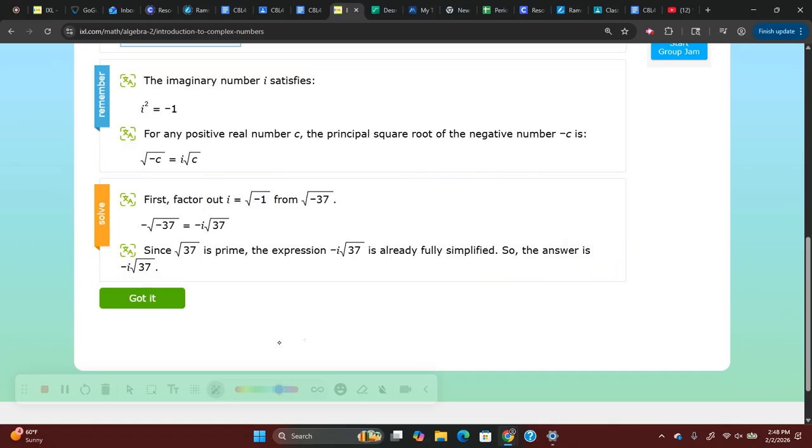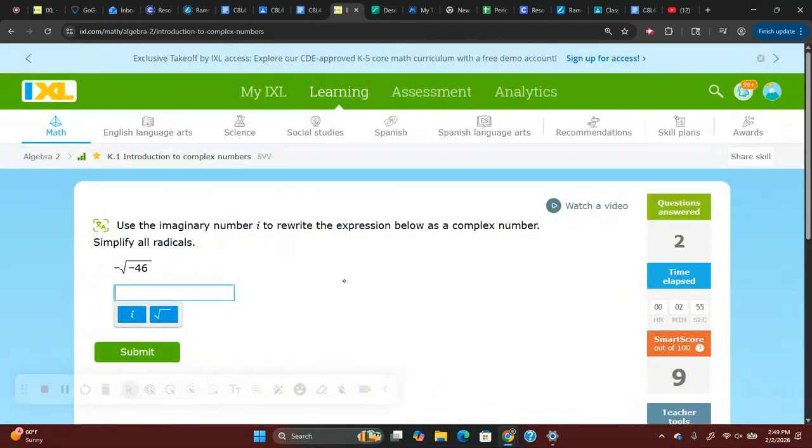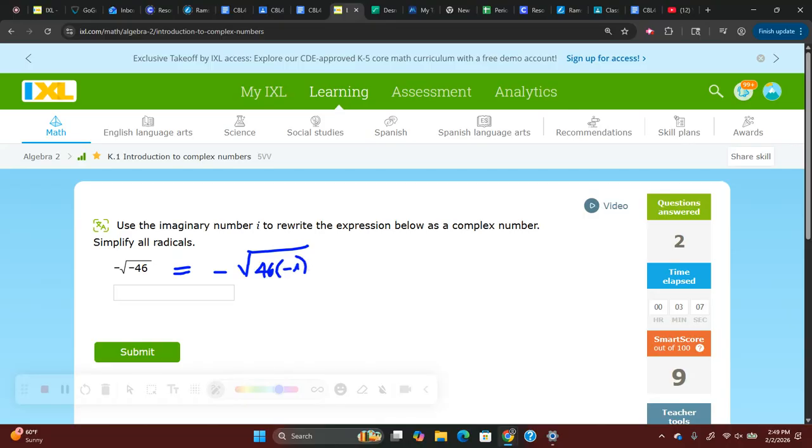Okay, so let's do the next one. Here we go. I already know the answer, but let me do it slowly over here. The square root of -46, that's 46 times -1. If you break it down, the square root of 46 and then the square root of -1.